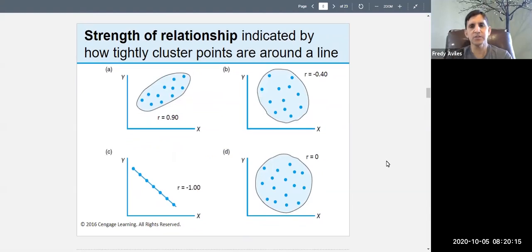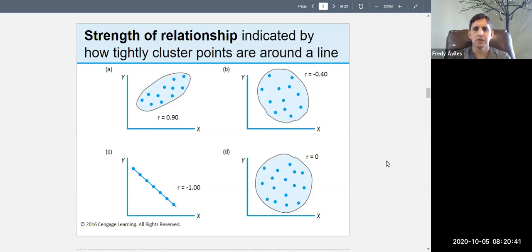The strength of a relationship, you can tell the strength of the relationship by how tightly clustered the points are around, let's say, a line. Remember, the strength also refers to the consistency. So right here, the scatter plot A over here on the upper left, that's R equals 0.90. Remember, as high as it can go is R equals 1.